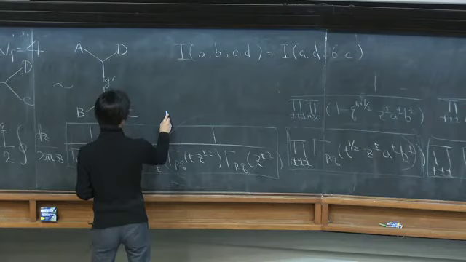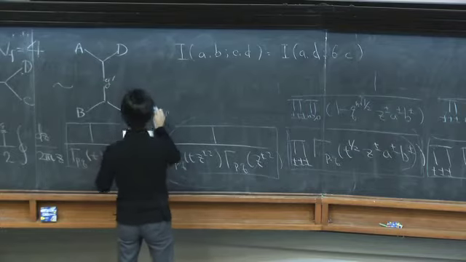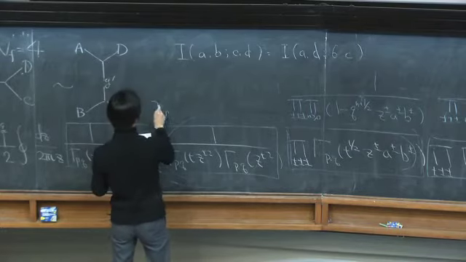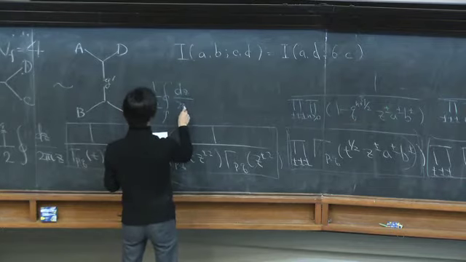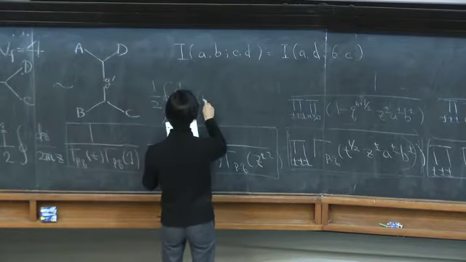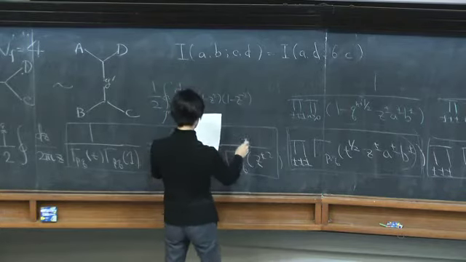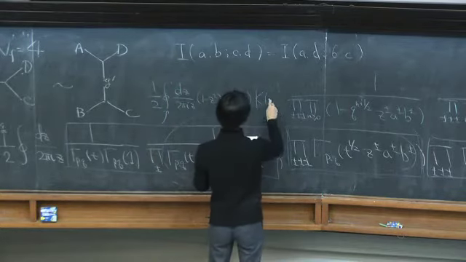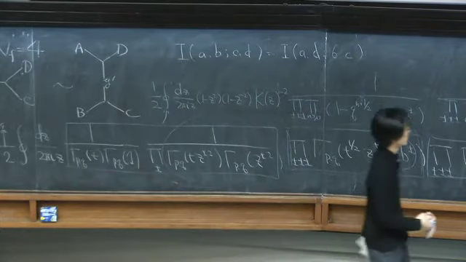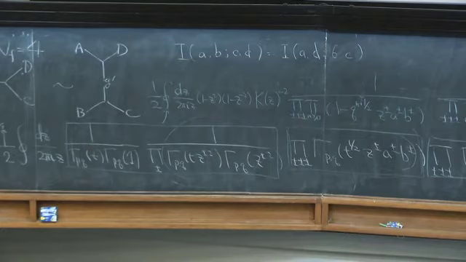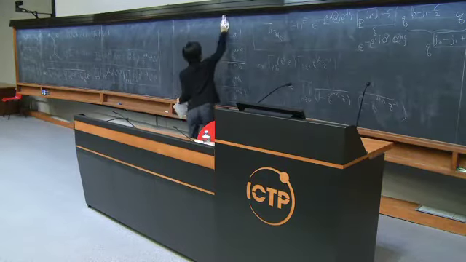They become a certain term of this form, which I write as 1/2, again, dz over 2 pi i z, 1 over z squared, 1 over z2 squared inverse, and kz inverse squared, where kz is still an infinite product.